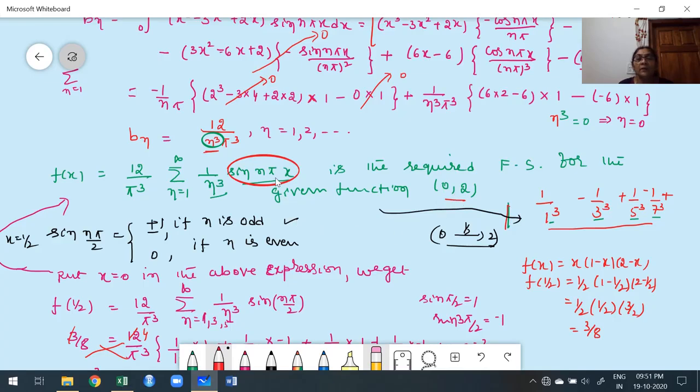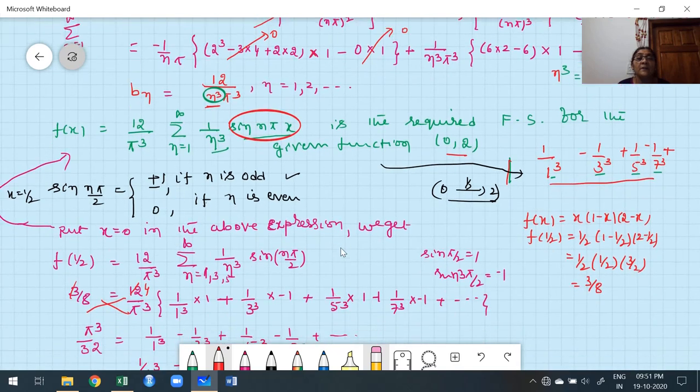But I have to compare this to this. Now, what am I going to choose? I require only odd values for n and simultaneously an alternating series. Plus minus is called an alternating series. Now I have to choose the value of x as pi by 2. Once you choose x as pi by 2, sin n pi by 2 is plus or minus 1 if n is odd, 0 if n is even.